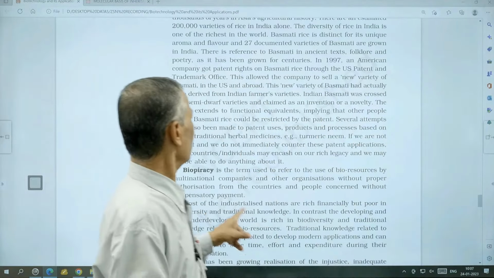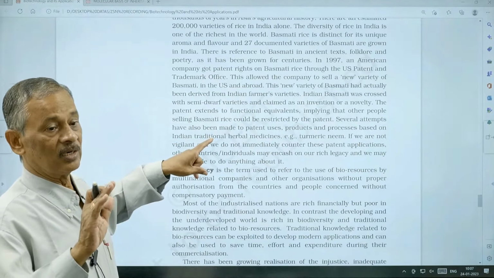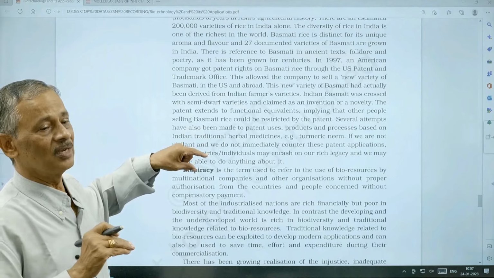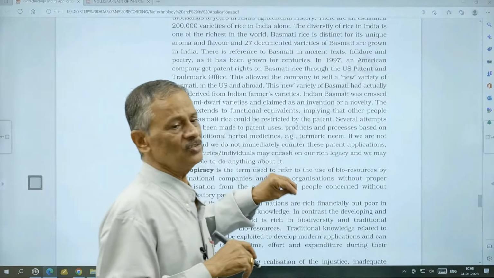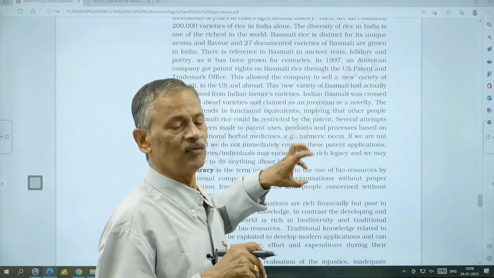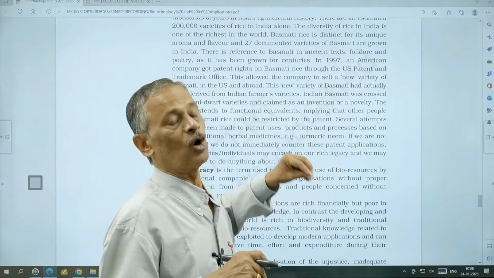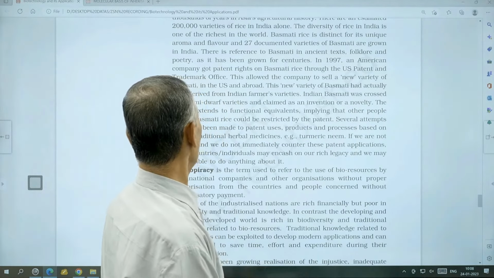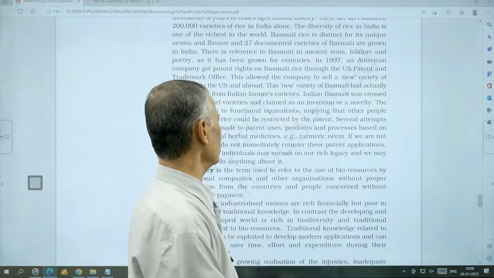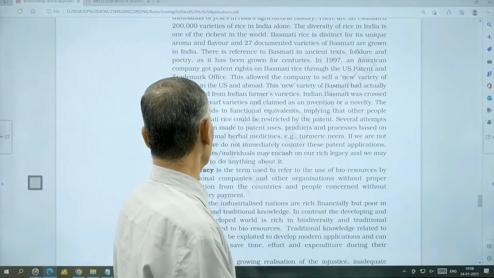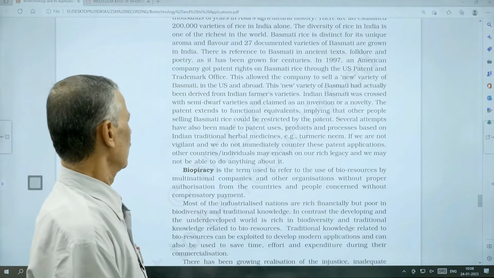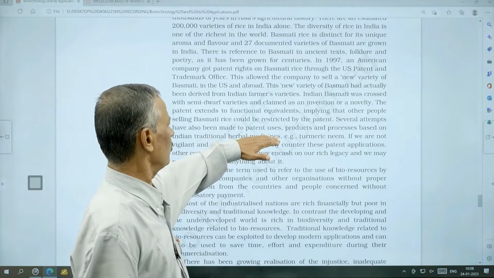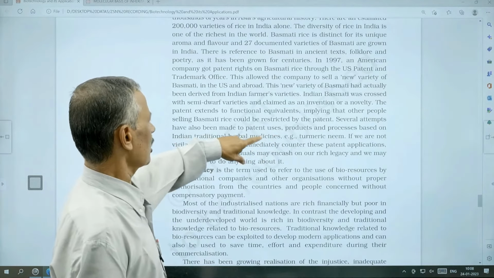They secretly took away the seeds and collected the rice from Indian farmers without any authorization, without any documentation and without compensation. That is why it is the classical example of biopiracy: without authorization and without compensatory payment to the countries and people concerned. The same thing, with several attempts, has also been made on other products like turmeric and neem.